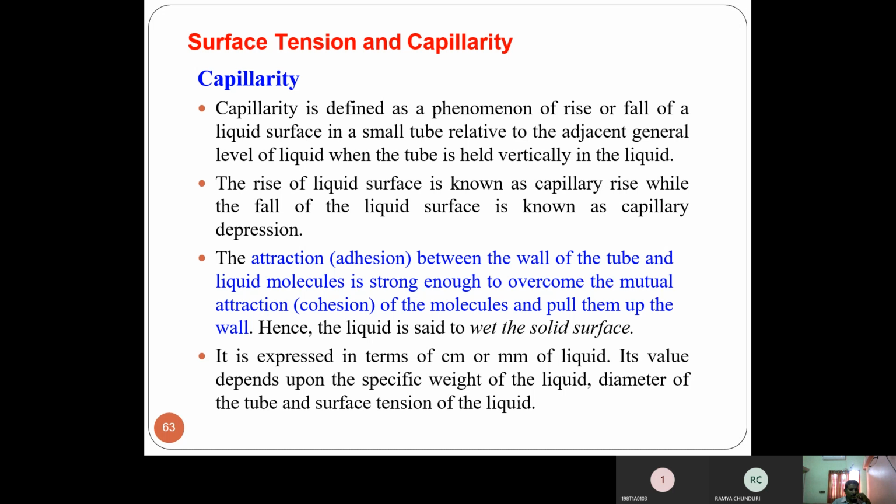So adhesion and cohesion are the two important parameters in the concept of capillarity. What type of attraction is it? Adhesion.